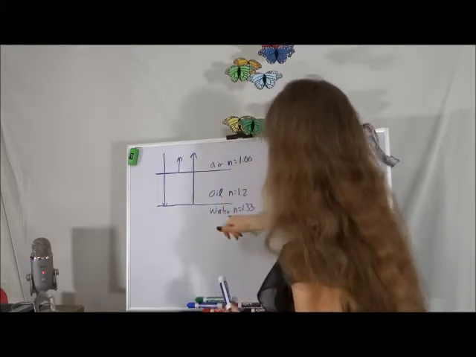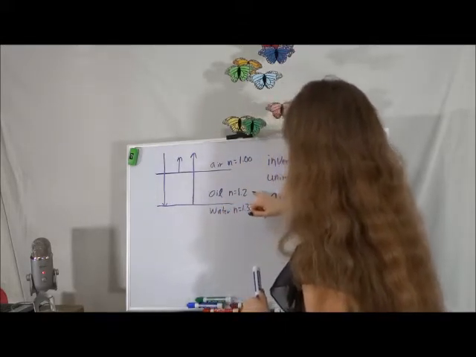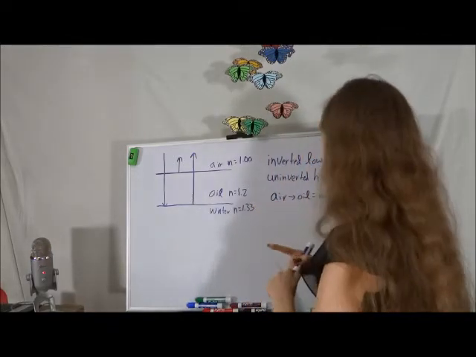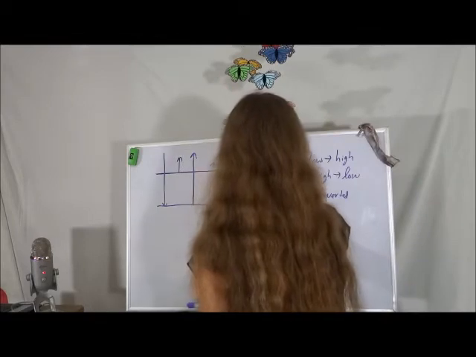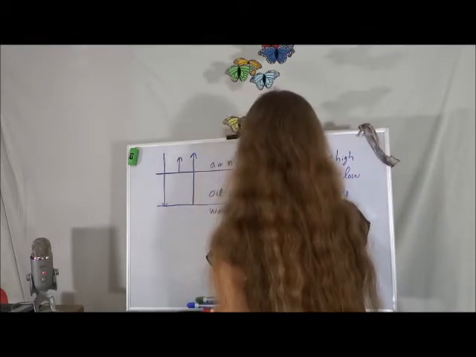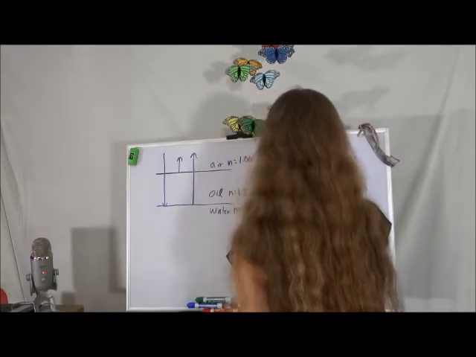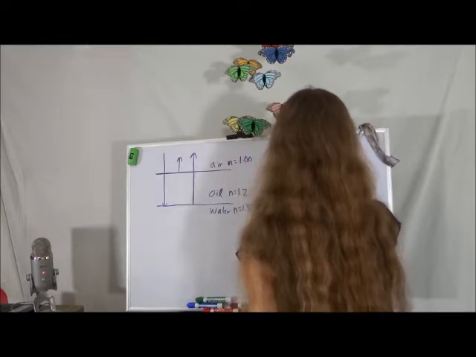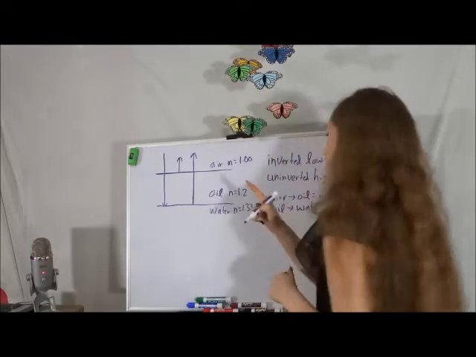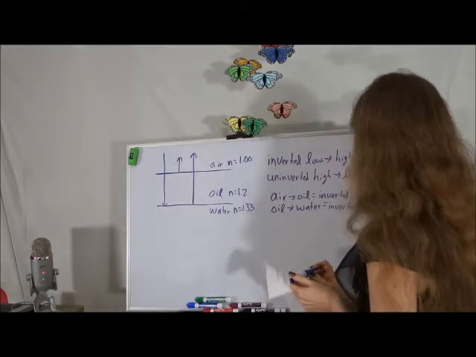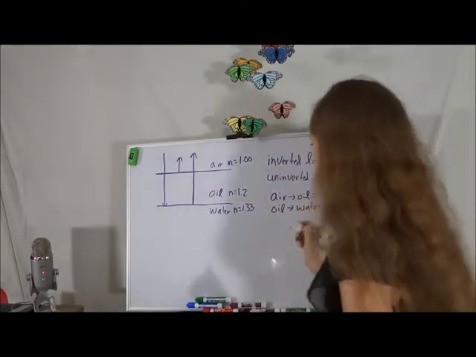And then when we go from oil to water, again, we're going from a lower index of refraction to a higher index of refraction, so we're going to be inverted here as well. So oil to water is also inverted. So step 1 is just determining whether they're inverted or uninverted.